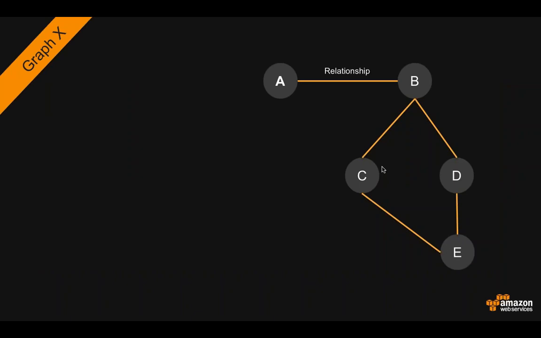So if you think about a typical graph, these entities could be people, they could be places, they could be nodes on a network. Anything that's got relationships between them can then be modeled into a graph. And graph databases and graph processing engines have become very popular recently to deal with a whole bunch of types of processing that are slightly more difficult to do with relational technologies.